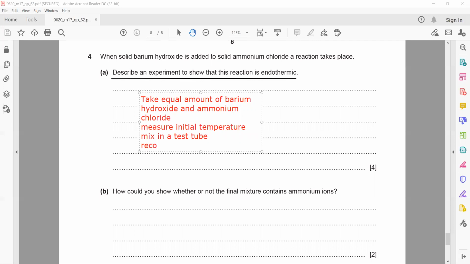If the temperature decreases or the test tube feels colder, it is endothermic.